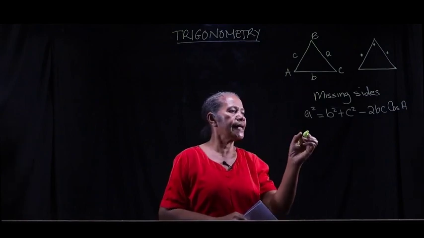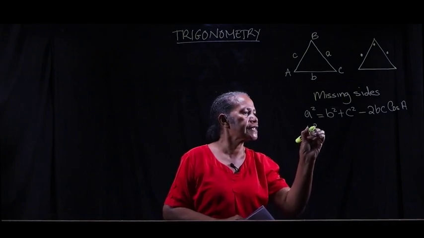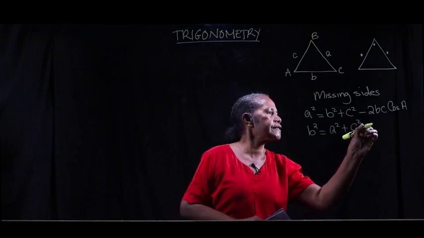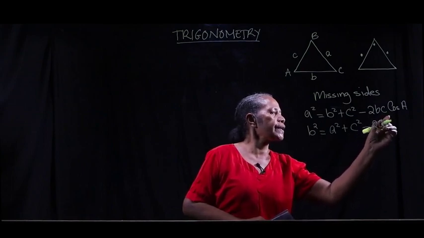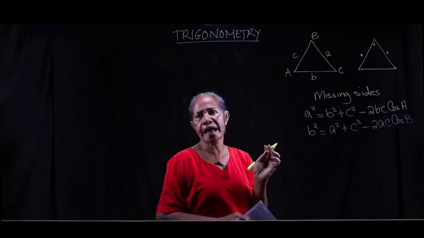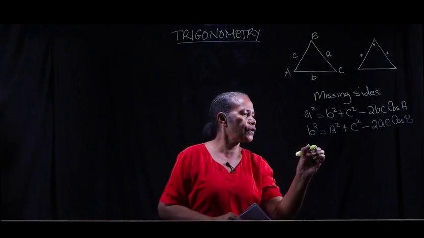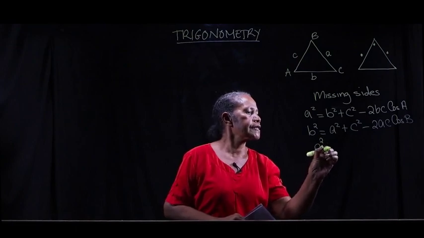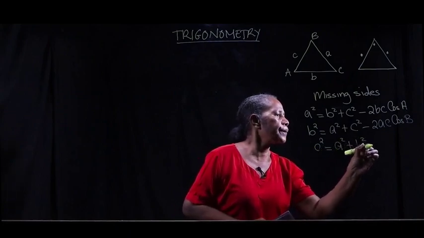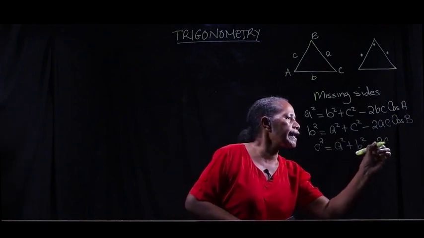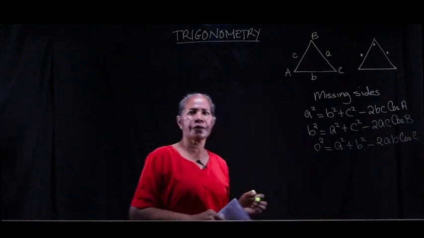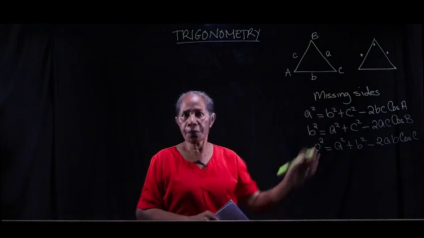To find side B, we have B squared is equal to A squared plus C squared minus 2AC cos B. Now for side C, C squared is equal to A squared plus B squared minus 2AB cos C. So these three are the cosine rule for missing sides.